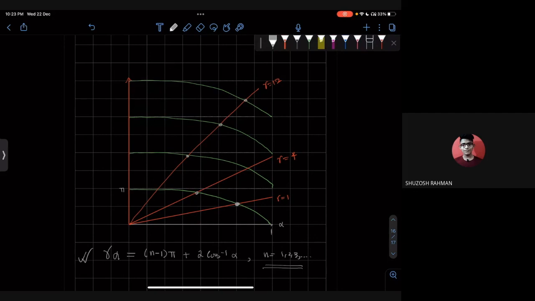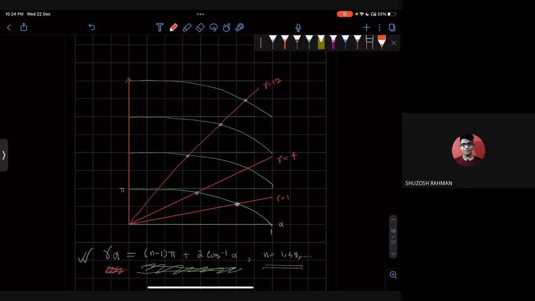So in physics classes, we are told that when you cannot solve a transcendental equation, you try to solve it graphically. So what I've done here is that we have basically plotted the left-hand side and the right-hand side. The right-hand side is given in green for different values of n, and the left-hand side is given in red.